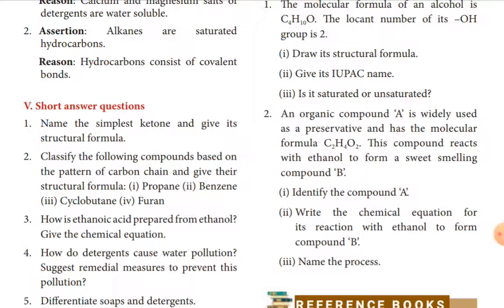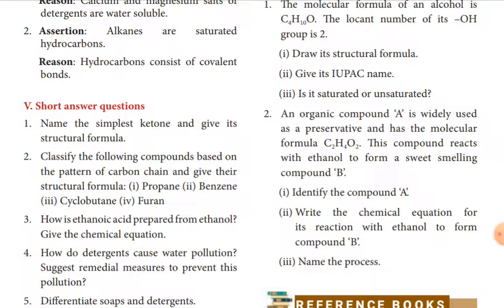How do detergents cause water pollution? Suggest remedial measures to prevent this pollution. Some detergents having branched hydrocarbon chains are not fully biodegradable by microorganisms present in water, so they cause water pollution.